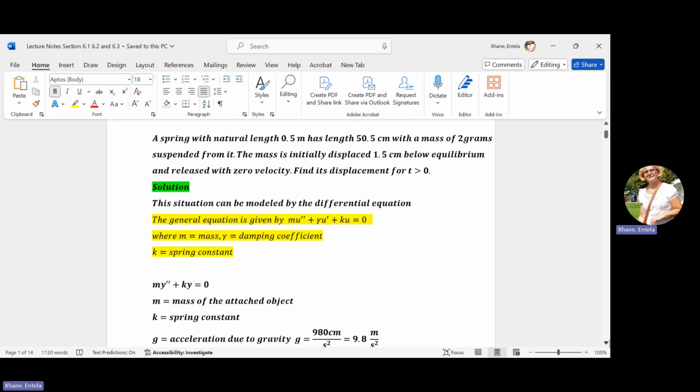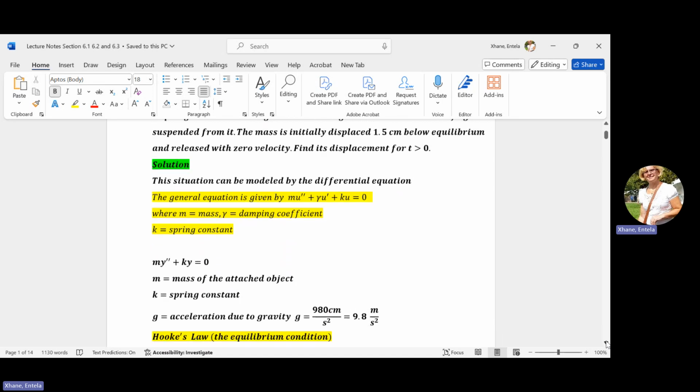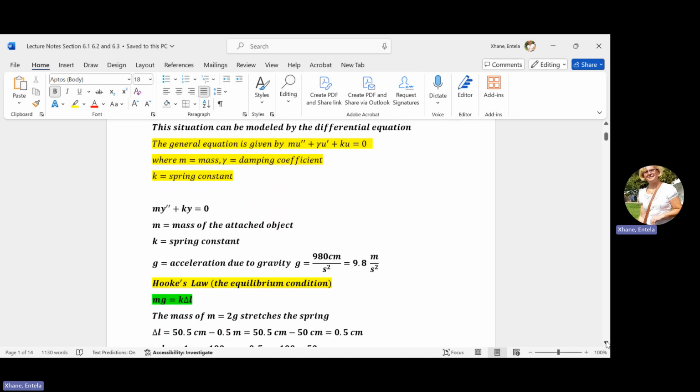So the only two constant coefficients are related to the mass and the spring constant k. So let's start off by working with some elements that we really need to generate the coefficients of the characteristic equation.